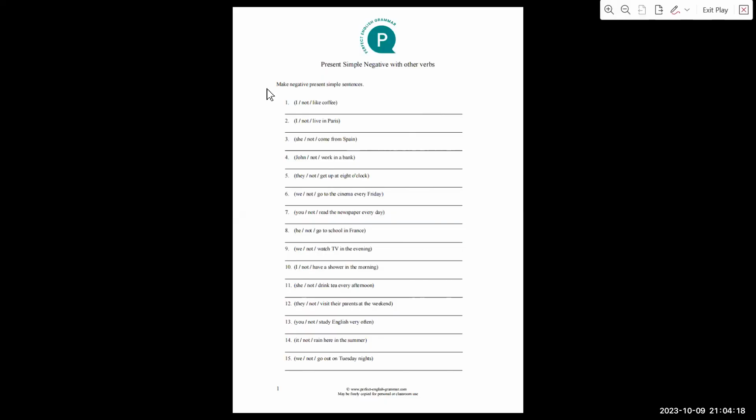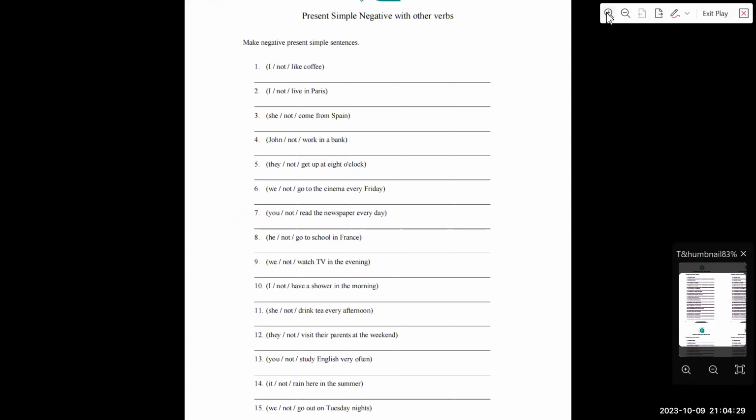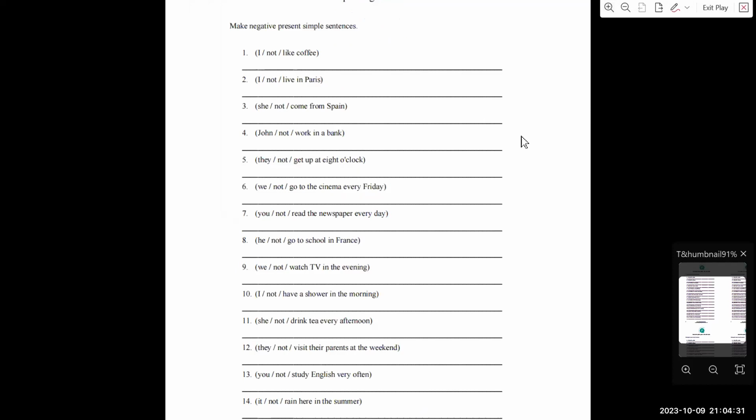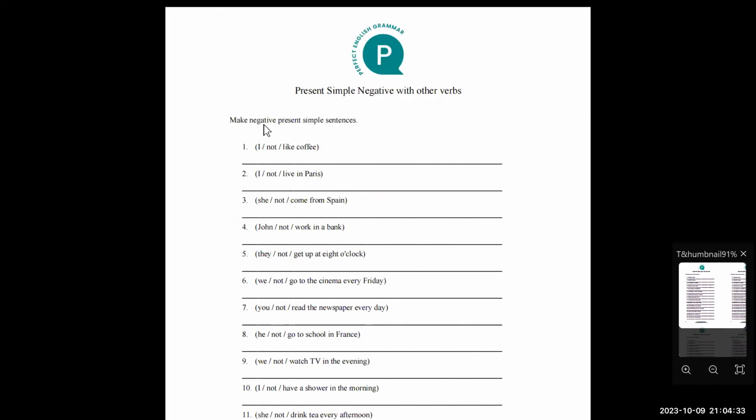Okay, here. Make negative present simple sentences. Just make it into a negative sentence.